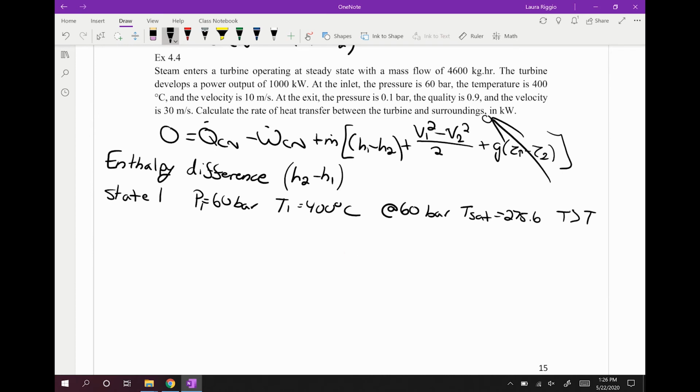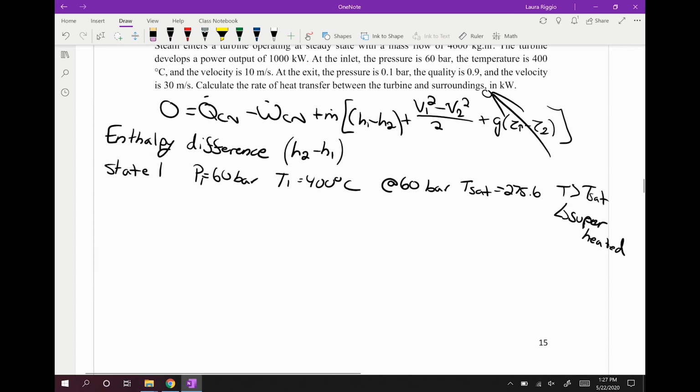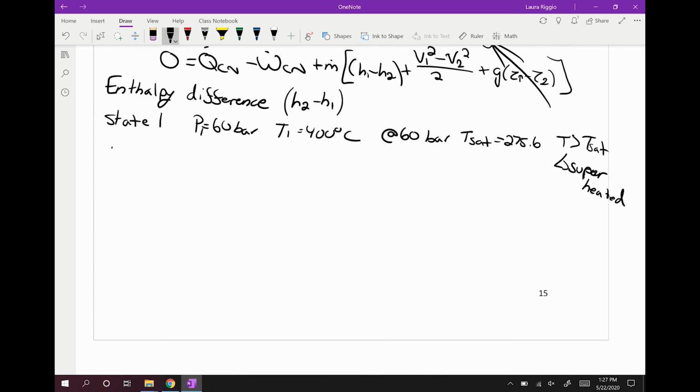Our temperature is greater than our saturation temperature, so we are superheated. So from table A4, we have H1 is equal to 3177.2 kilojoules per kilogram.